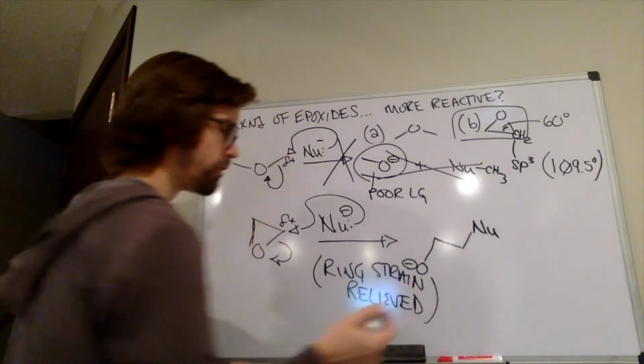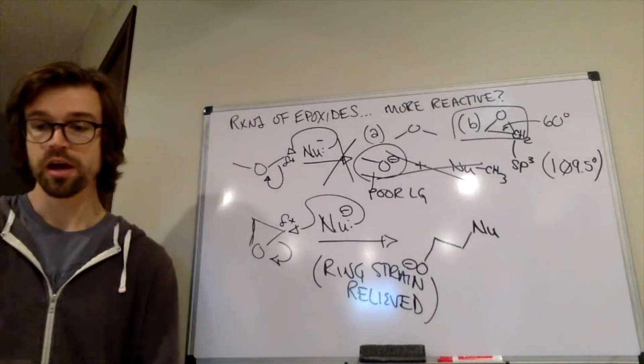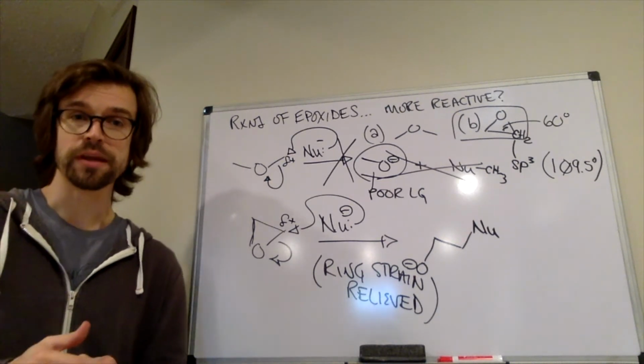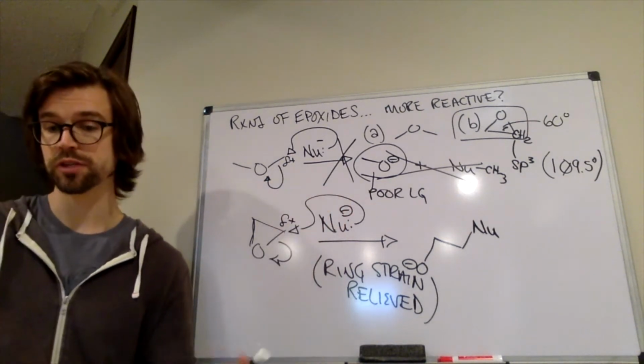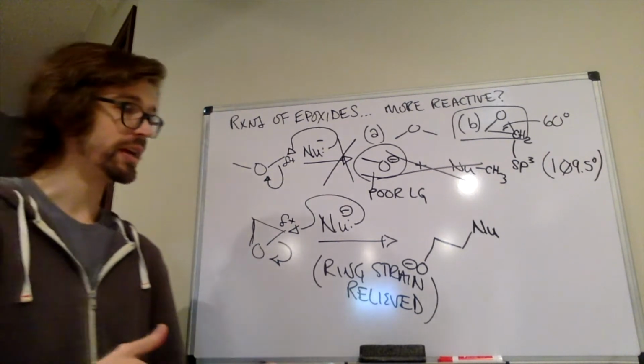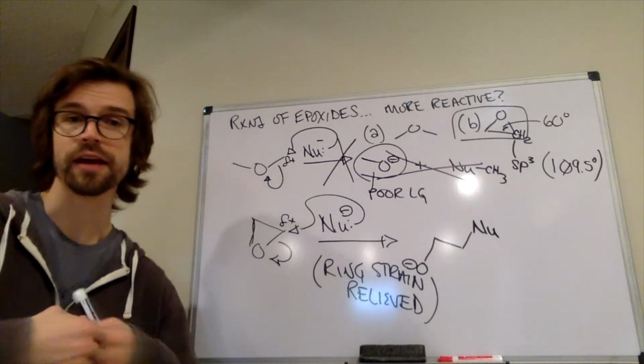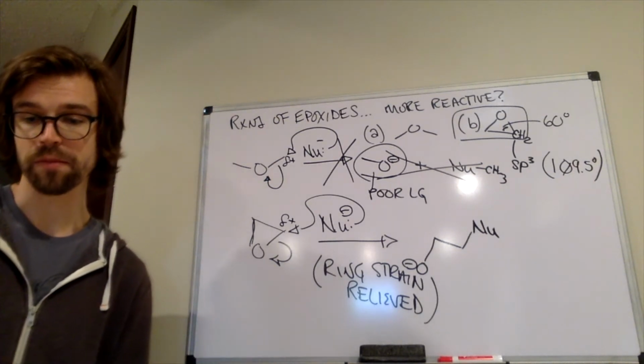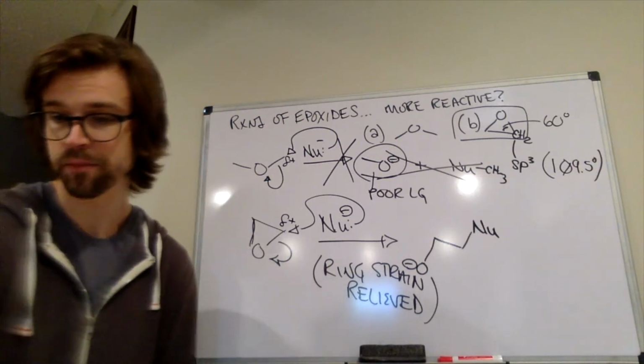Ring strain relieved. So epoxides break our normal rules because although O- is usually not a good leaving group, it is a fine leaving group when it can provide an open structure from that really strained system.